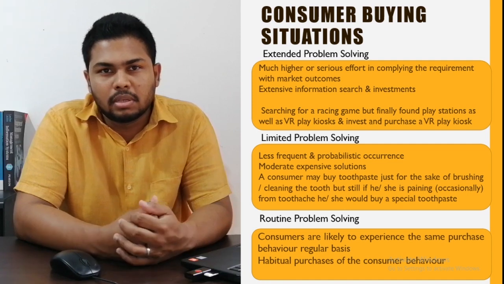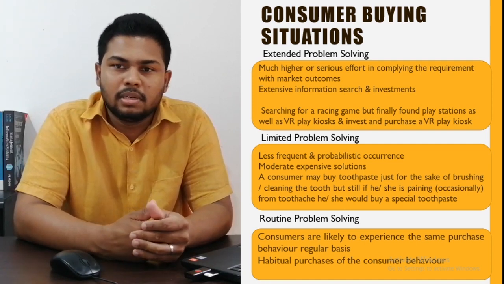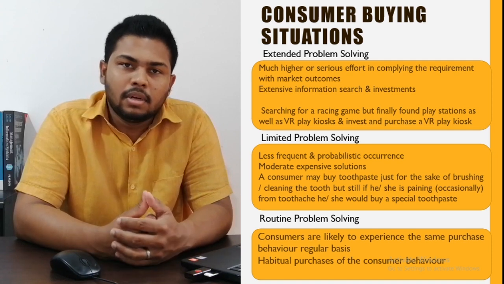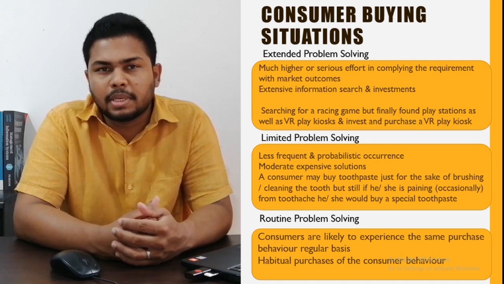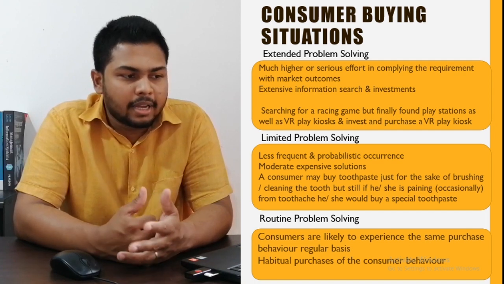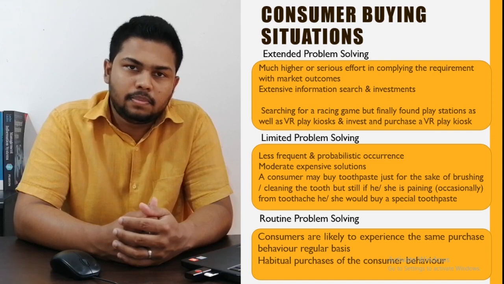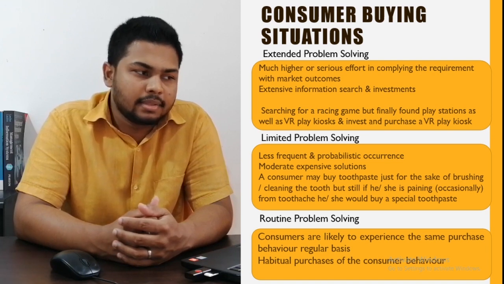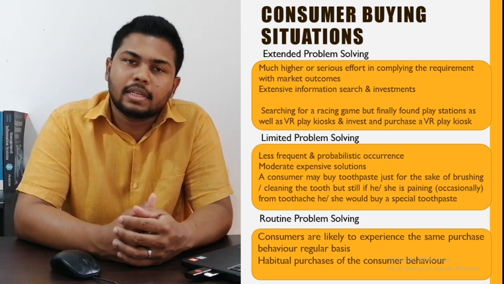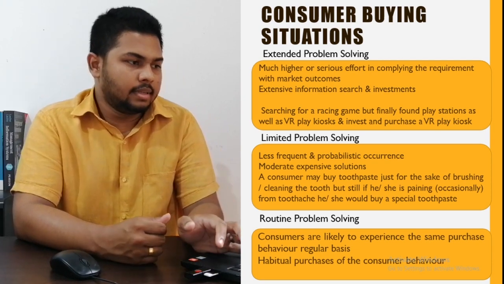It can be comments from your friends, from the internet, from the sellers, and you will search for consumer experience as well, and it's a lot of effort, right? After that you will make a decision, that is called extended problem solving, right? So these are the three types of consumer buying situations in the market, right?